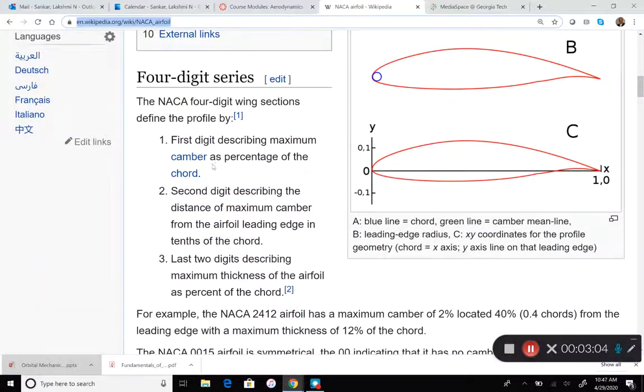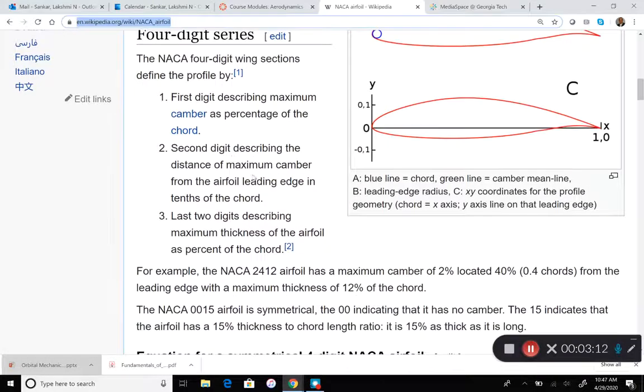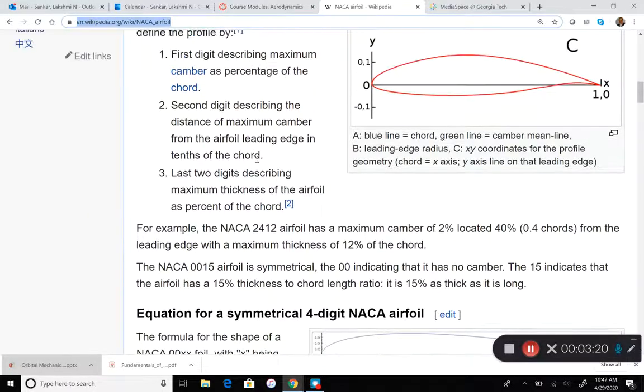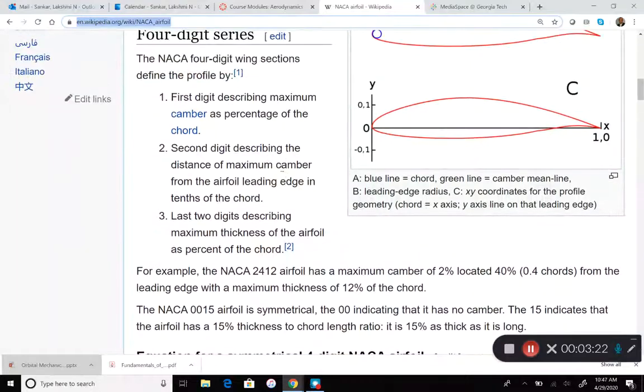The very first digit means how much is the camber, the maximum amount of camber as a percentage of the chord. For example, if you have a NACA 2412 airfoil, the number 2 means 2% camber is the maximum amount of asymmetry that you have as a percentage of the chord.